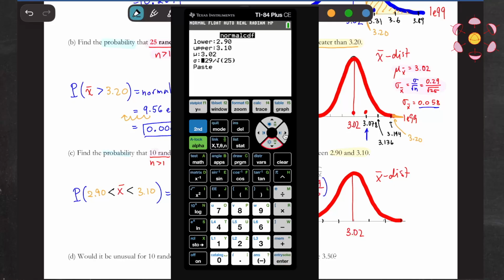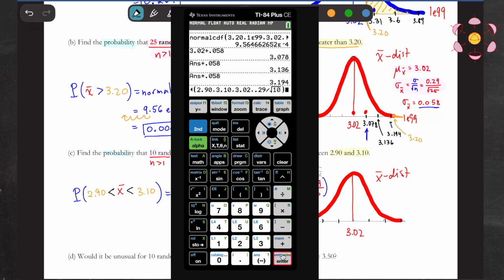The standard deviation, 0.29 divided by, because our sample size changed, this is where we changed the number. Now, good news is we already had it there. So this is our answer. So pretty big, actually, 71 or 0.713. That's our probability that a group of 10 students.